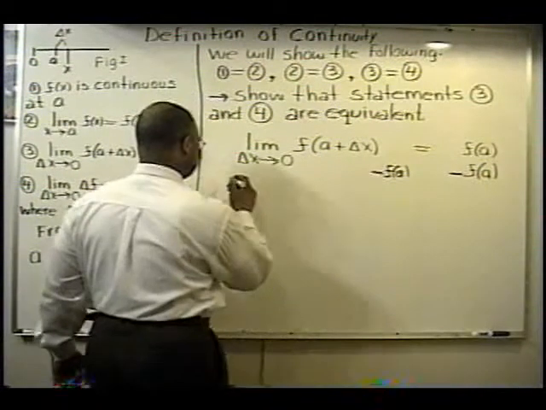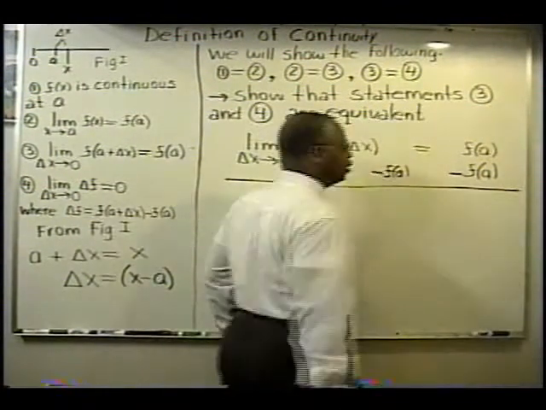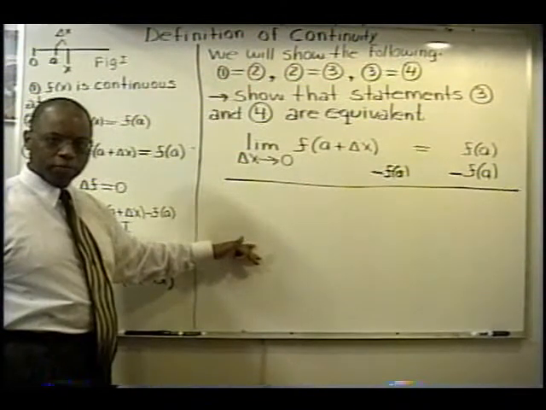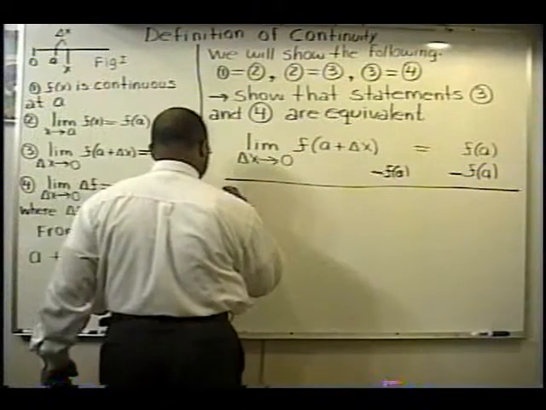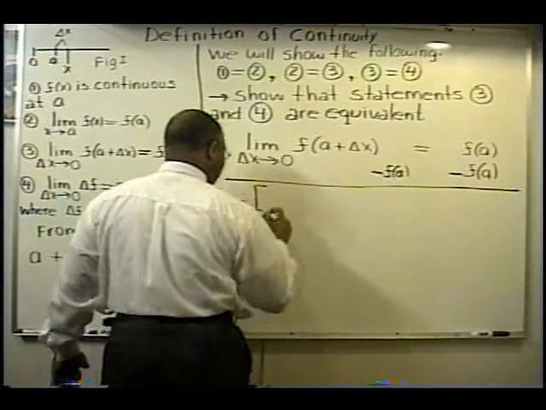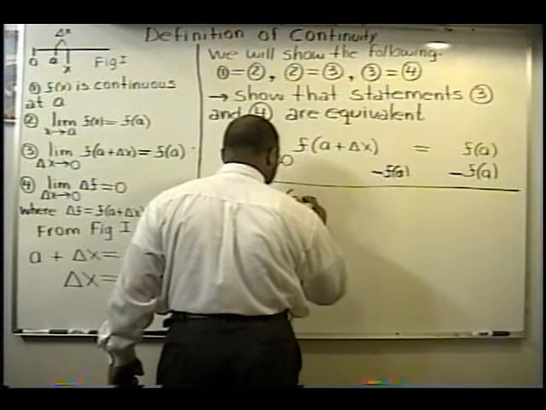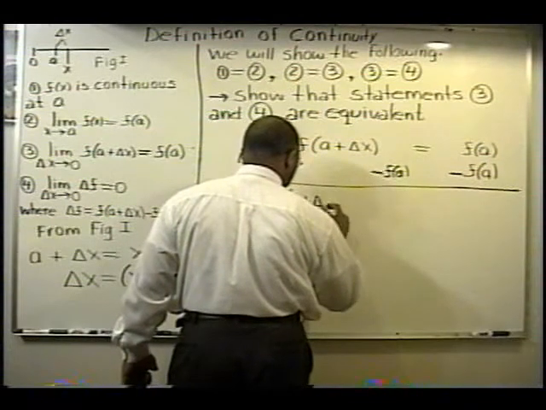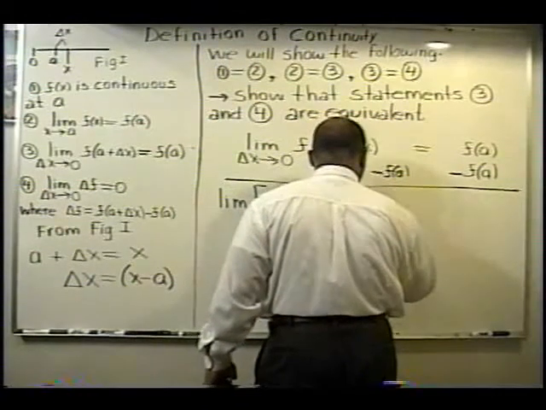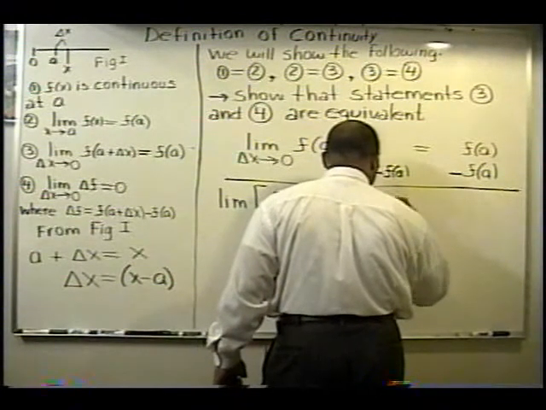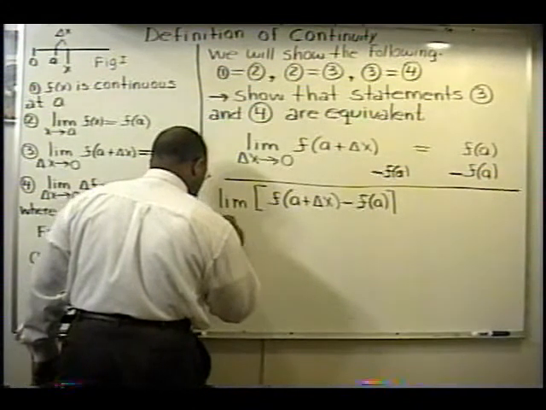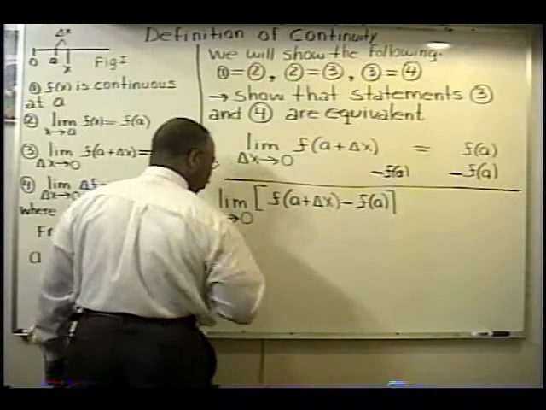So now we draw a line, just like solving any other equation. Now we bring everything down. So now we end up with the limit of f of a plus delta x minus f of a as delta x approaches 0.